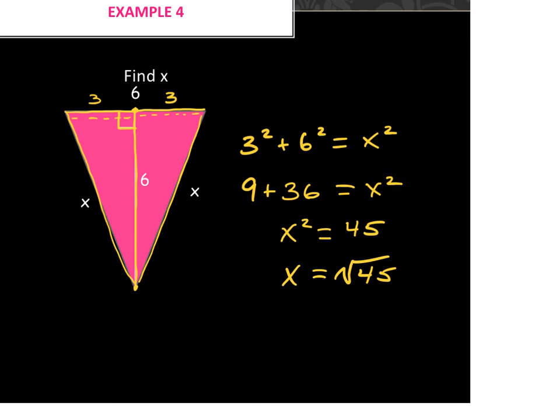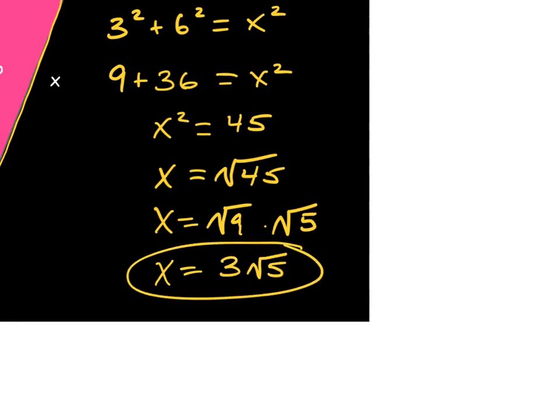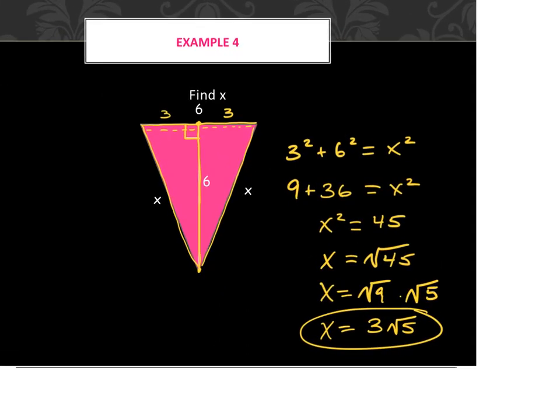And then we do 9 and 5. Okay. I like those because I can definitely take the square root of one of those, so that's much better than where we were. X equals 3 times the radical 5. Yeah, 3. Beautiful. And that's all we've got, folks.